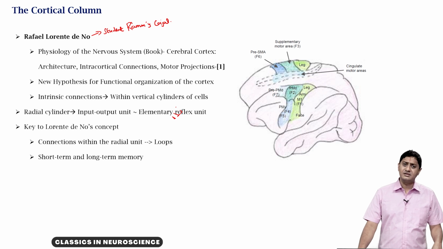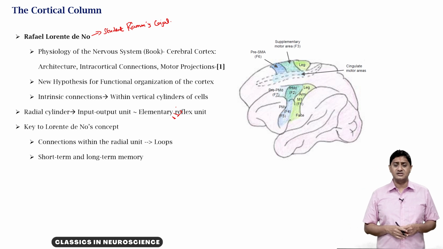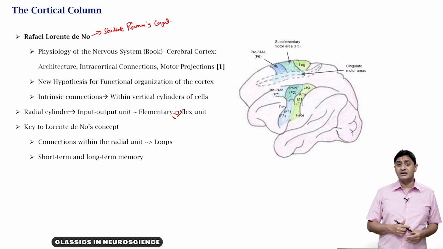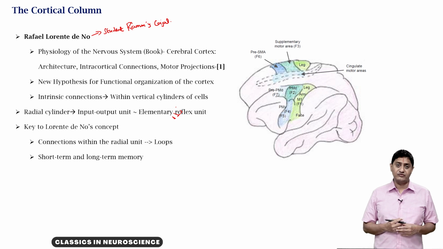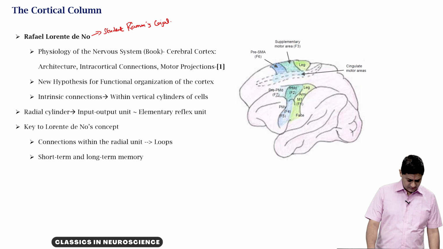In that chapter, he provided a masterly account of the organization of the cerebral cortex, but he also formulated an entirely new hypothesis for cortical function, which I am going to read from the original text.